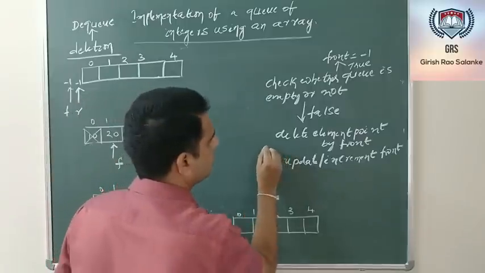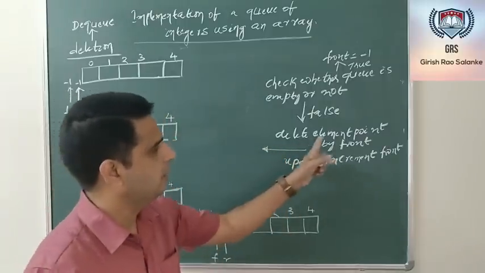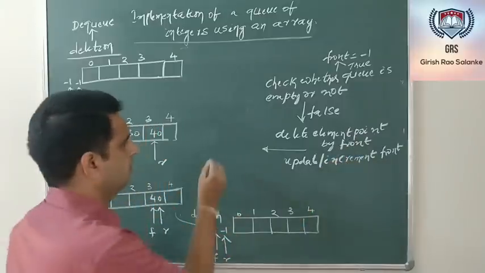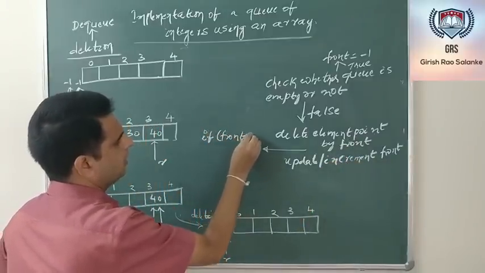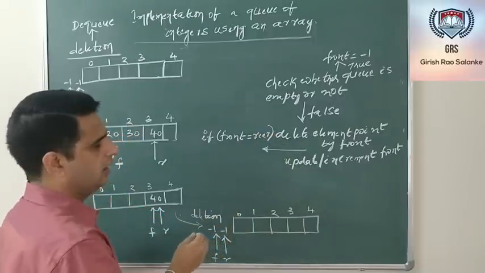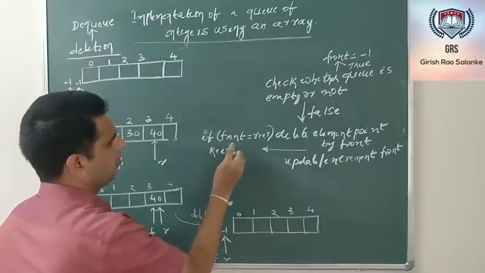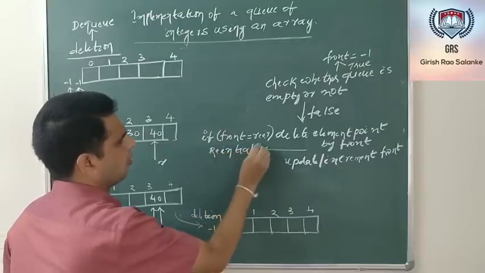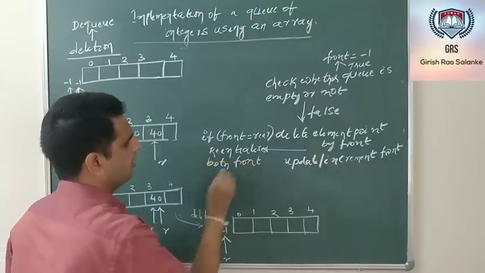So here, I'll add one more condition. Delete the element pointed by front. If front is equal to rear, reinitialize both front and rear.